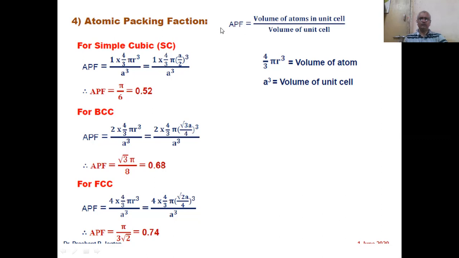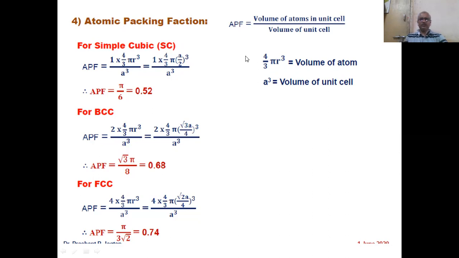What is the packing fraction we have seen in the last lecture? How much space in the unit cell is actually occupied by the atoms in the crystal material, it gives the packing fraction. So, first find out the packing fraction for the simple cubic structure. The packing fraction formula is this.